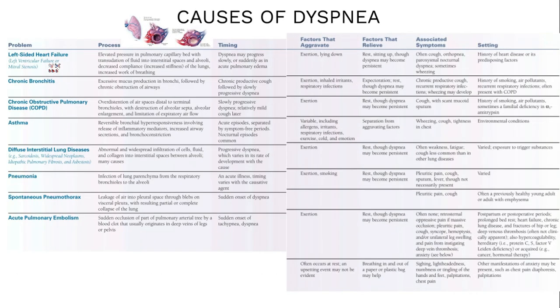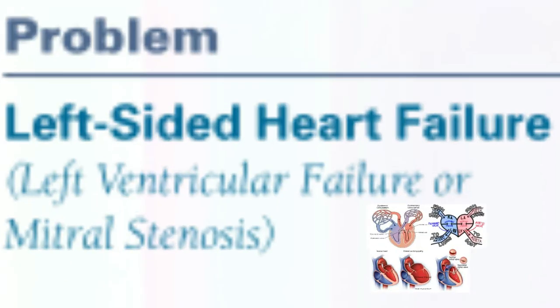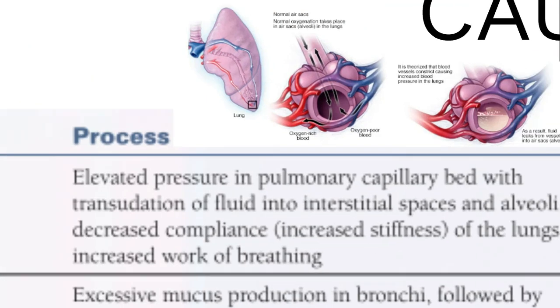Okay, so these are the causes of dyspnea. It can be heart, bronchitis, asthma. Most of the time it is a lung problem. But we'll focus more on left-sided heart failure, which can be LV failure or mitral stenosis. If you review the flow of blood, there's a problem with the mitral valve, so there will be a backflow of blood into the pulmonary circulation, thereby manifesting as difficulty of breathing.